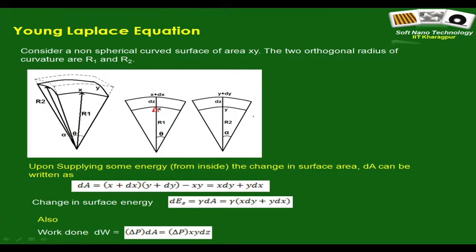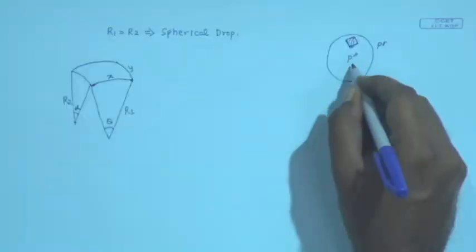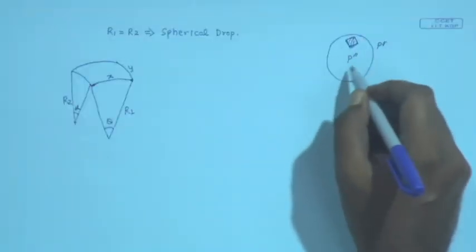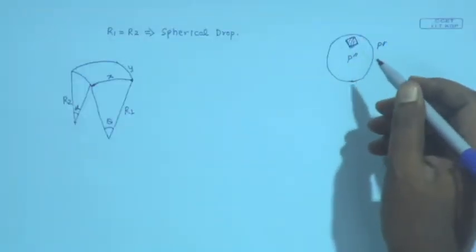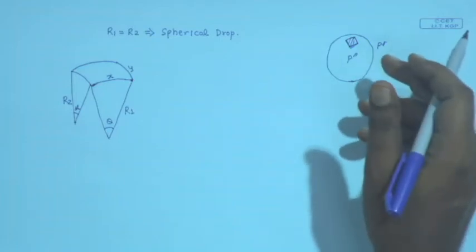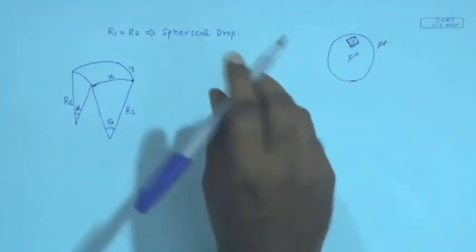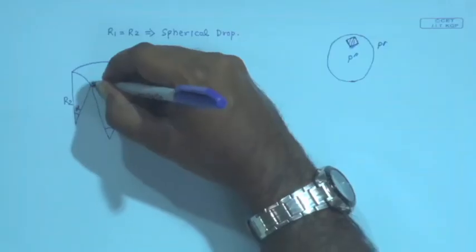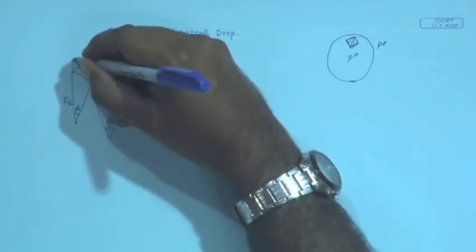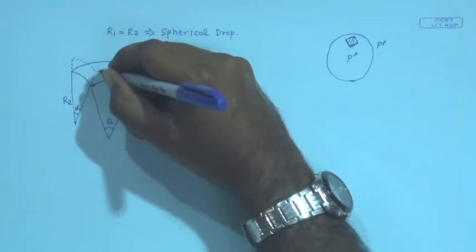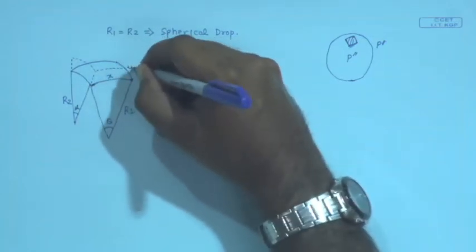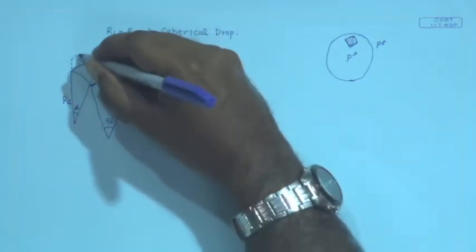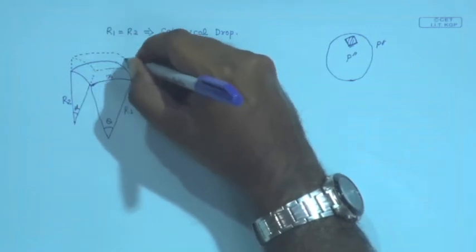Now, the same thing, you do some mechanical work and this drop, non-spherical but curved, sort of expands, and as a consequence of expansion the radius R1 expands by an amount delta z, the radius R2 also expands by an amount delta z. So, this was the original location of the surface, and this is upon expansion how the configuration looks.